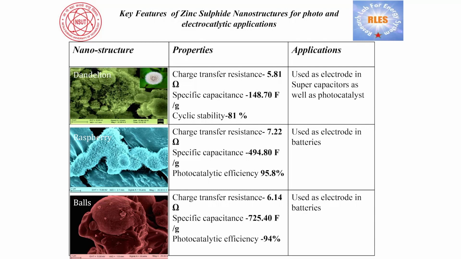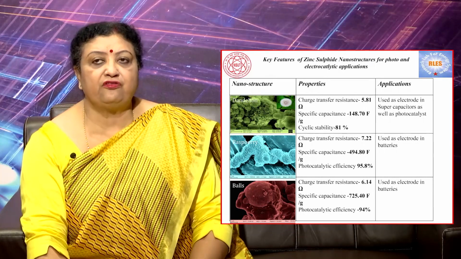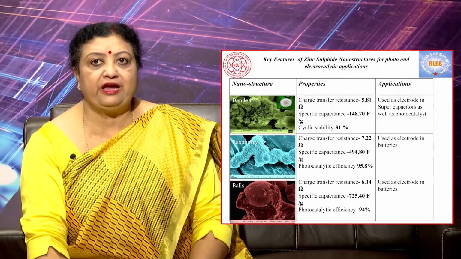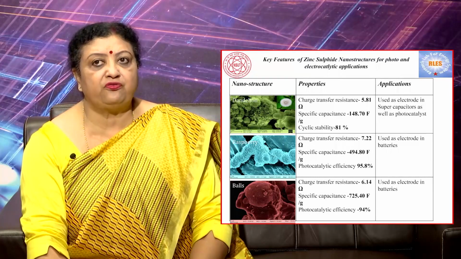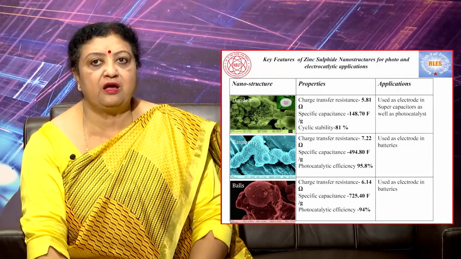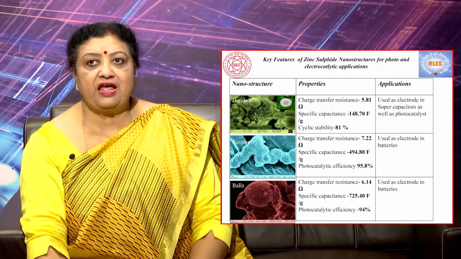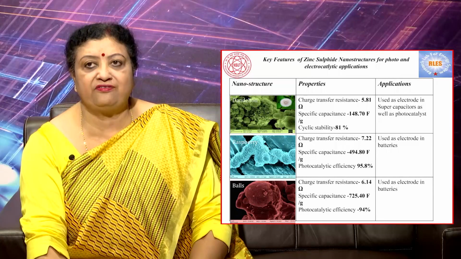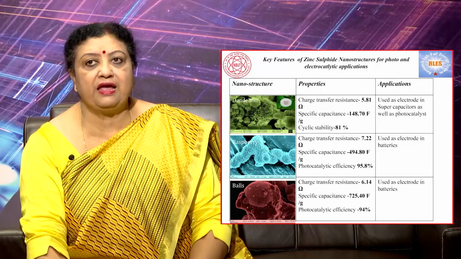The next ZnS nanostructure which we have developed in our lab is the dandelion, and the charge transfer resistance is of the order of 5.81 ohm, the specific capacitance is 148.70 farad per gram, and the cyclic stability is 81%, and this can be used as electrode in supercapacitors as well as a photocatalyst.